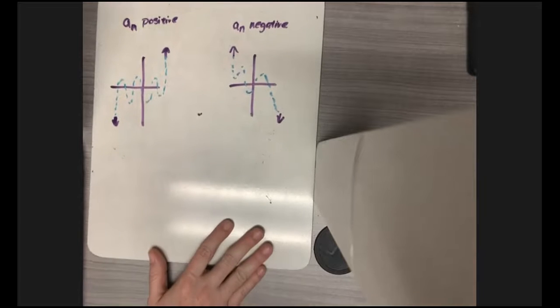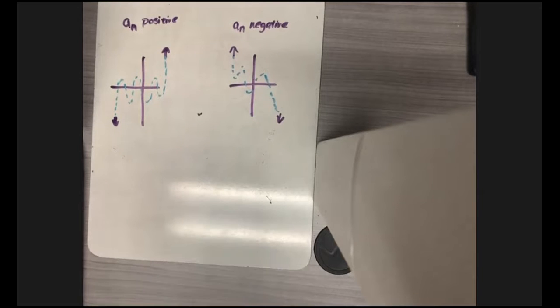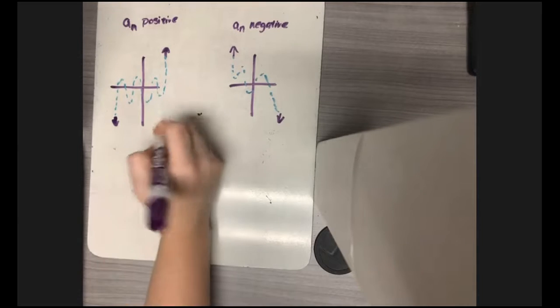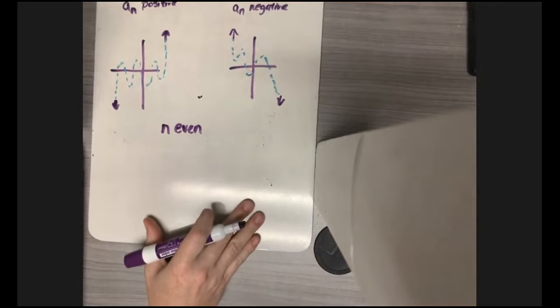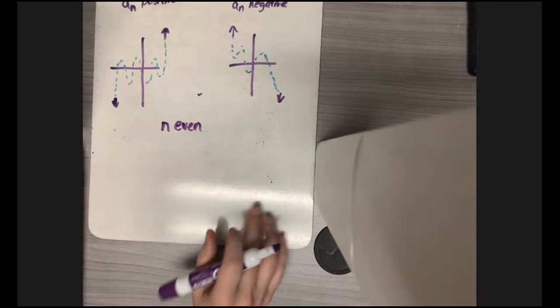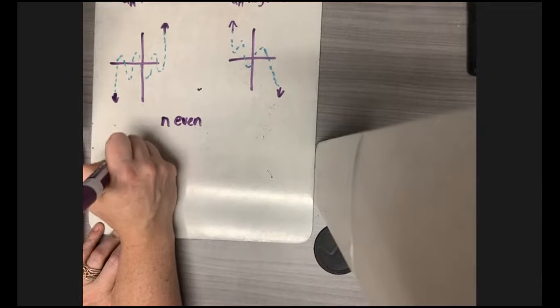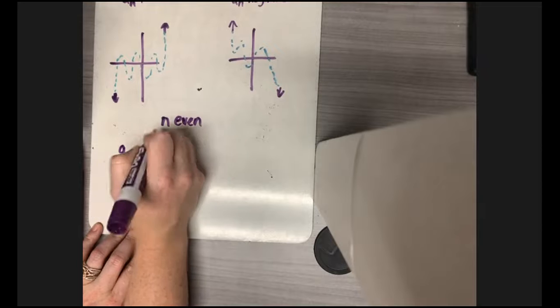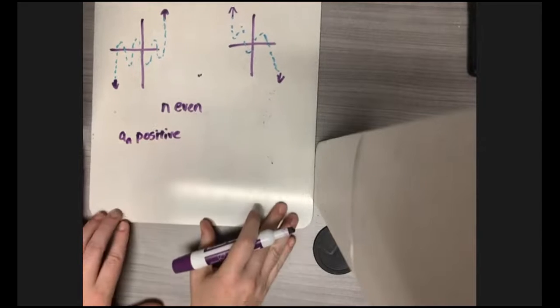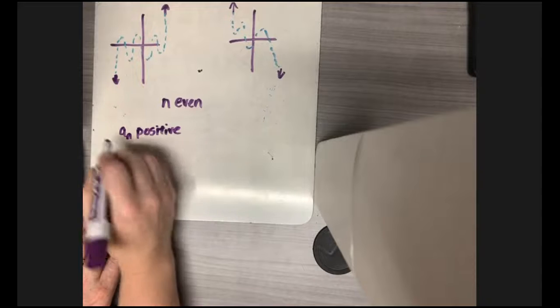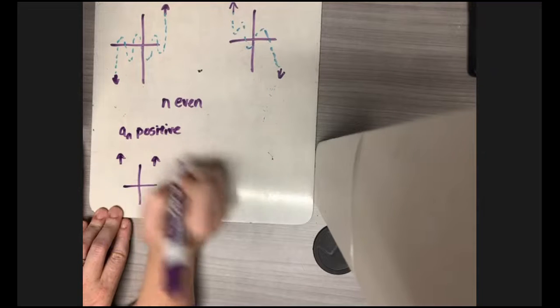Now, the second scenario that comes into play is that the highest power is even, okay? And if it's an even power, then it's going to act like a quadratic. So our U-shaped graphs that we had back over in section 3.1. And so we know that if our a value on a quadratic was positive, both ends were up.